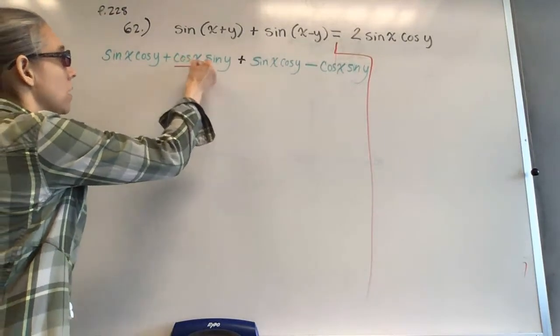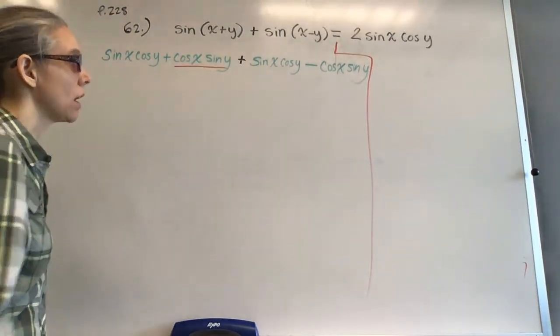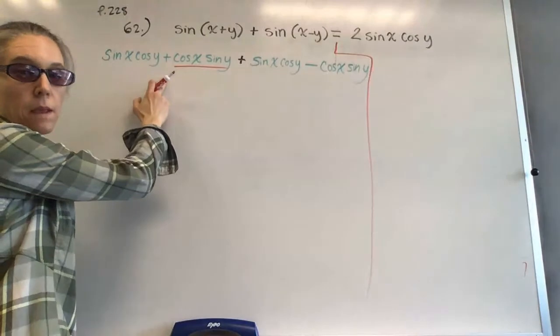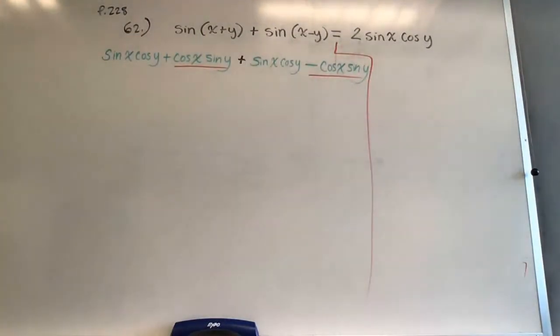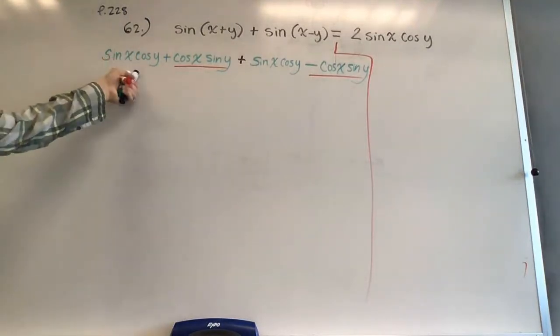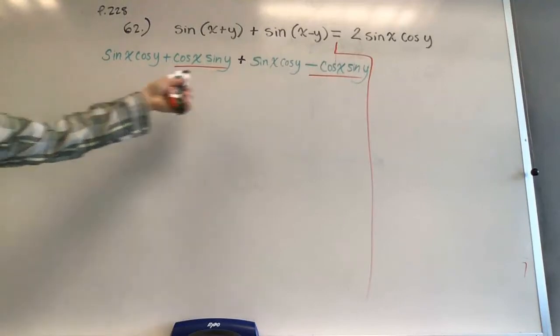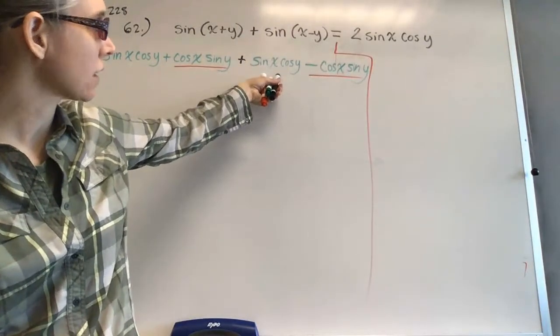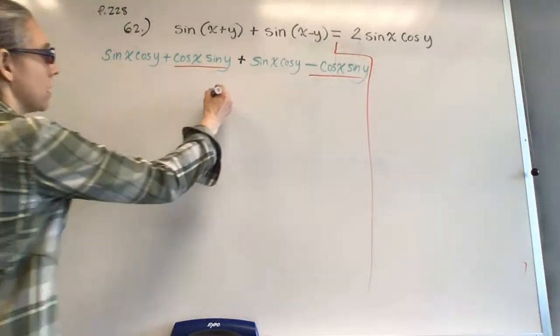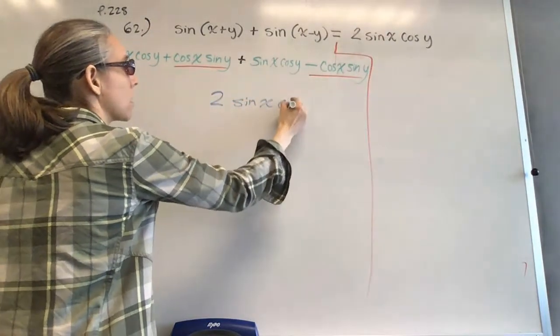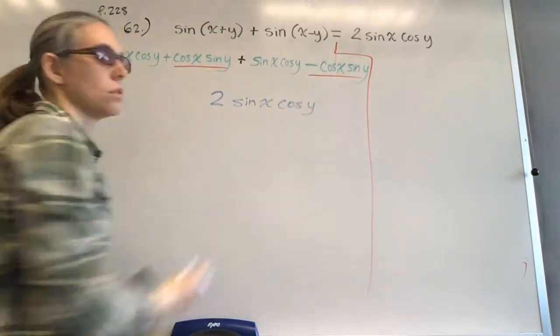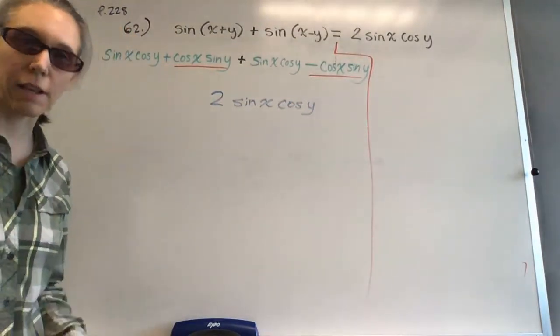The cosine x sine y is a positive one, and negative cosine x sine y is negative. And oh look, I am left with just 1 sine x cos y plus 1 sine x cos y, and that is 2 sine x cos y. So that was not too hard, was it?